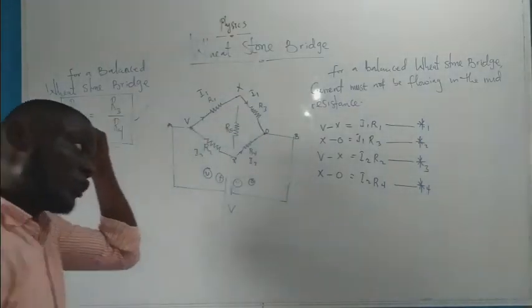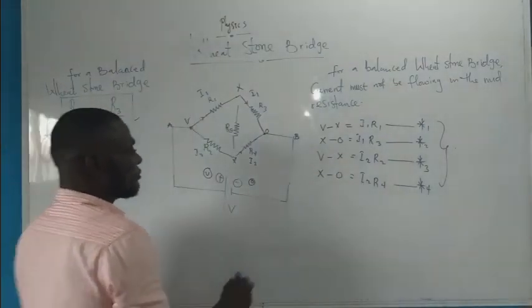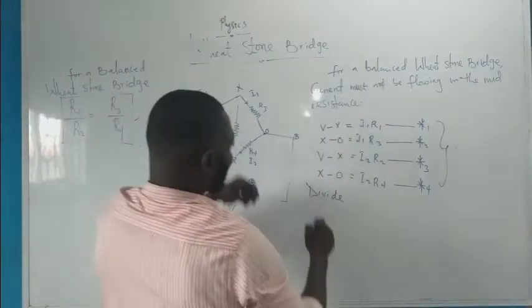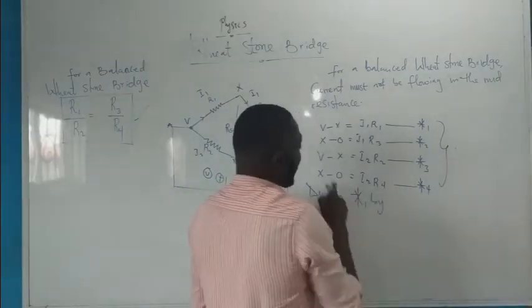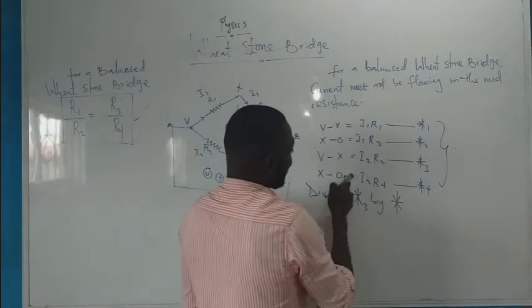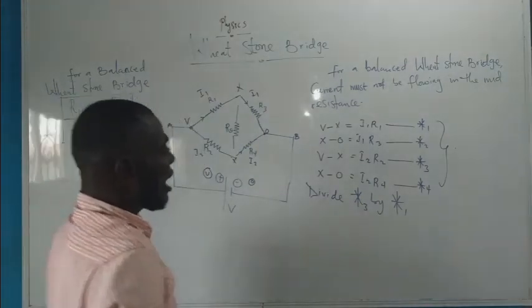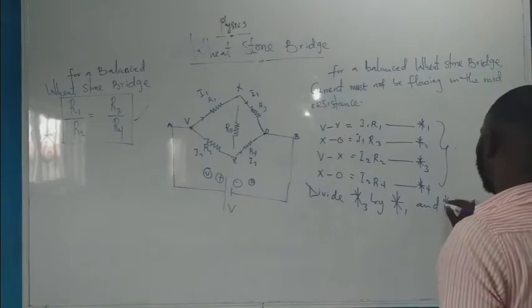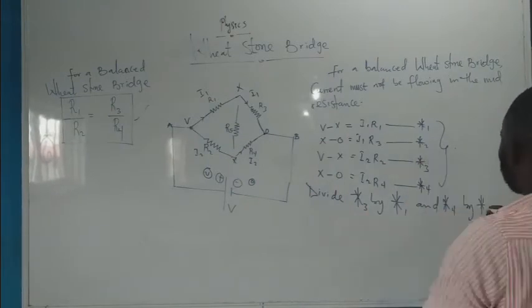So we have 4 equations on the board. So we can divide asterisk 1 by asterisk 3, and asterisk 4 by asterisk 2.